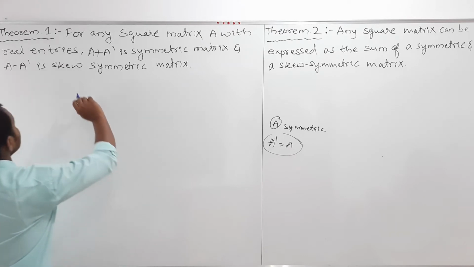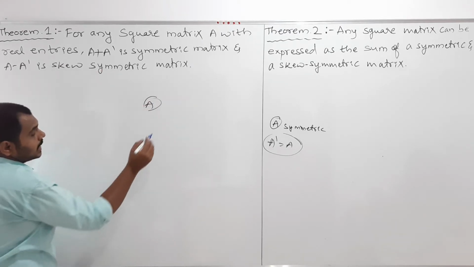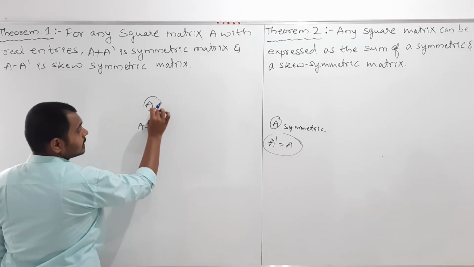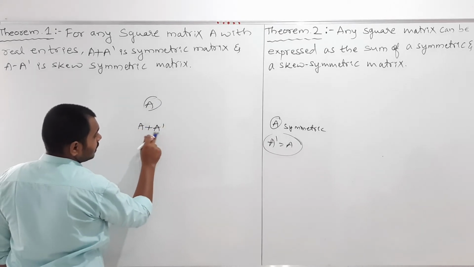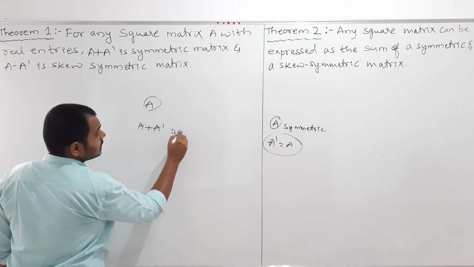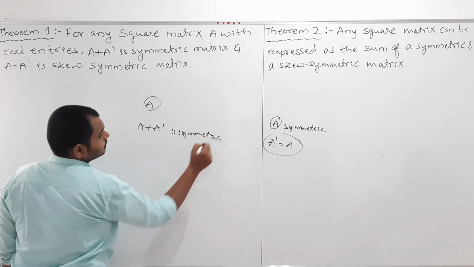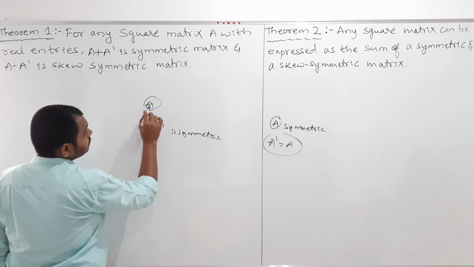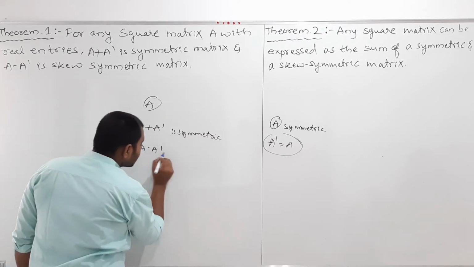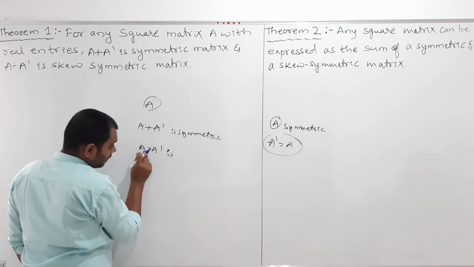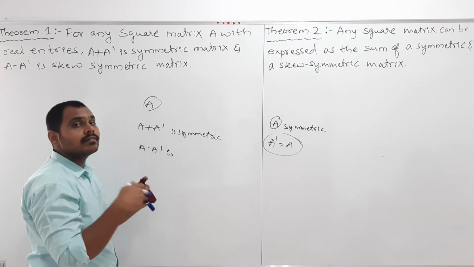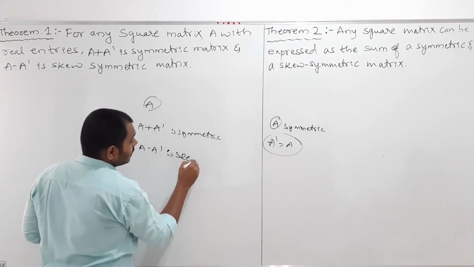So my aim, my dear students, is to show that for any square matrix A, if I add A and A dash, then after adding, whatever matrix you get is symmetric. We should show it. And next, for any matrix A, if I take A minus A transpose, if I subtract A transpose from the matrix A, then after simplifying, whatever matrix you get is a skew symmetric matrix.